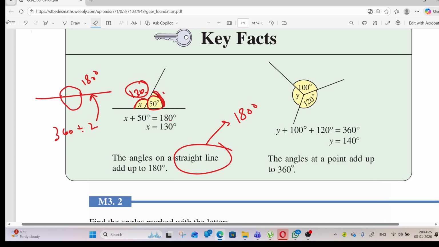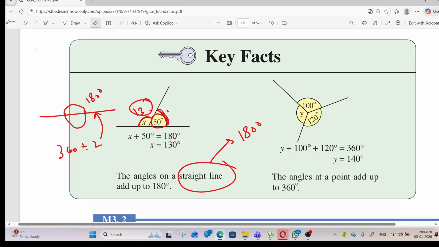So how do we calculate the unknown angle? x plus 50 is 180 degrees. To find x, I want x to be isolated, by its own, so I need to get rid of the 50.